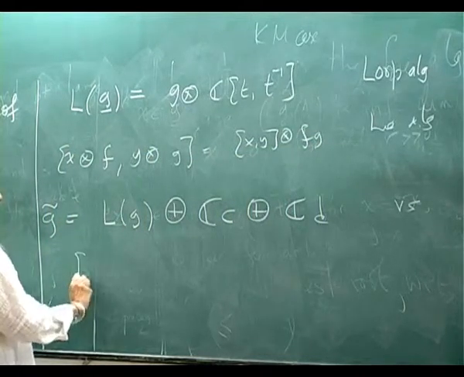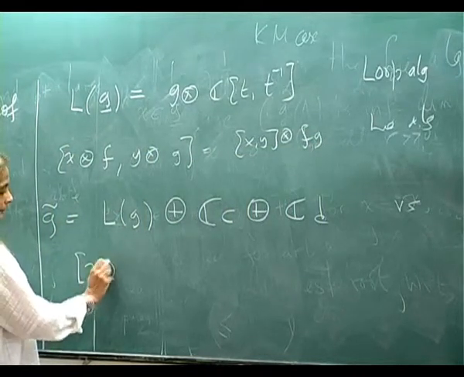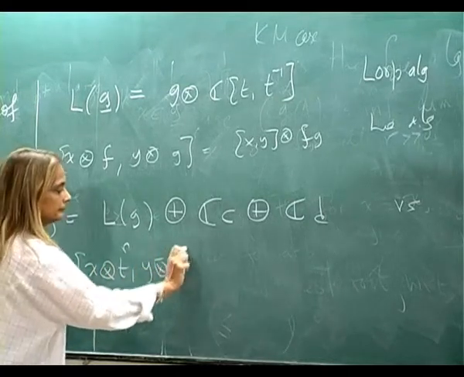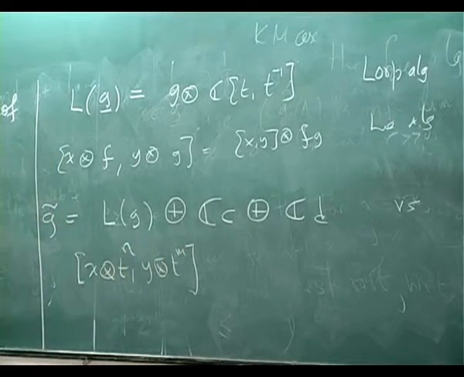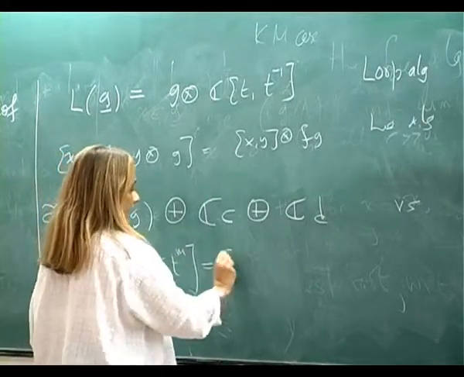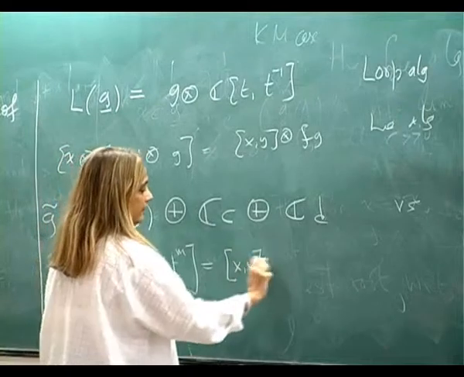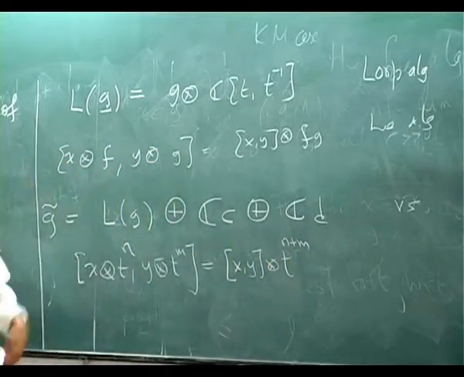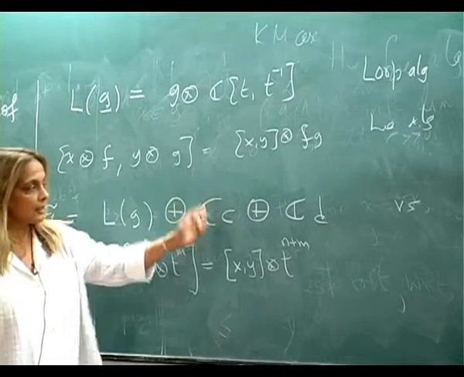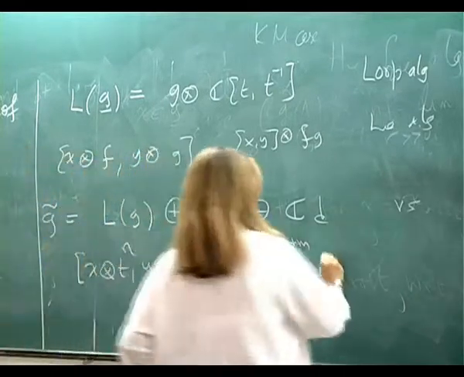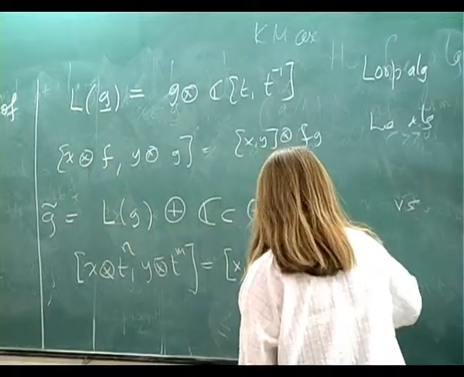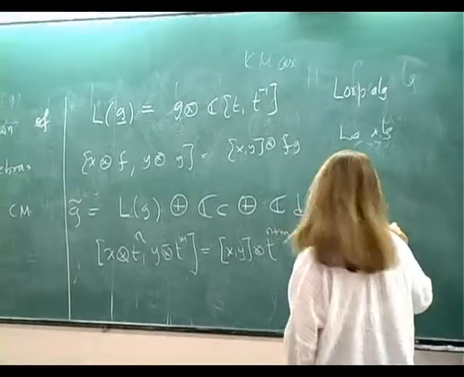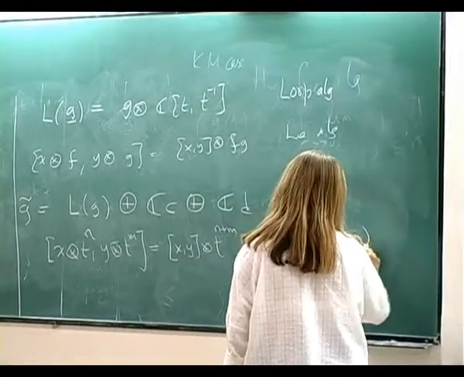And I'll define a commutator on this. If I take x tensor t^n and y tensor t^m, the first term will look exactly like what I had up there. So this will be [x, y] tensor t^(n+m). But I want to deform this bracket. I want the center to come play a role. So I'm taking a 1-cocycle. So this is plus n times delta_(n+m,0) times kappa(x, y) times c. Kappa is the Killing form.